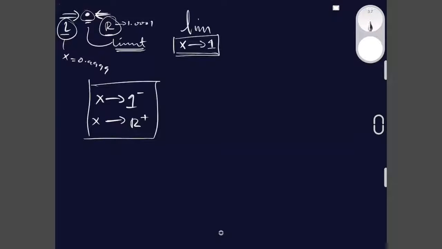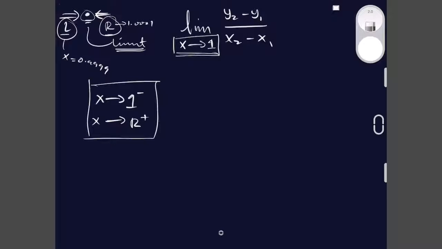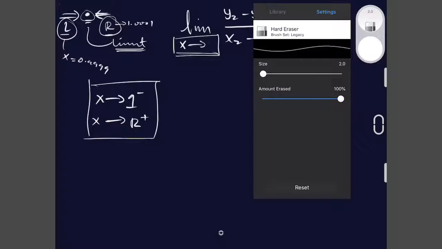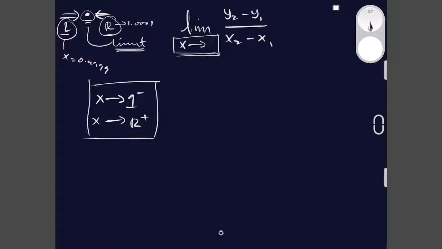So the limit as x approaches 1. We will have y2 minus y1 all over x2 minus x1. So here we can say x2 approaches x1.